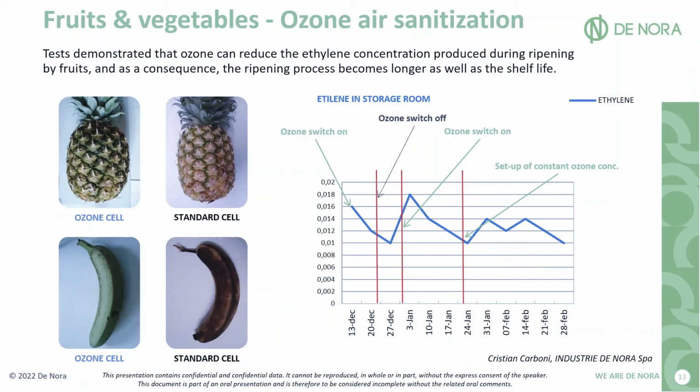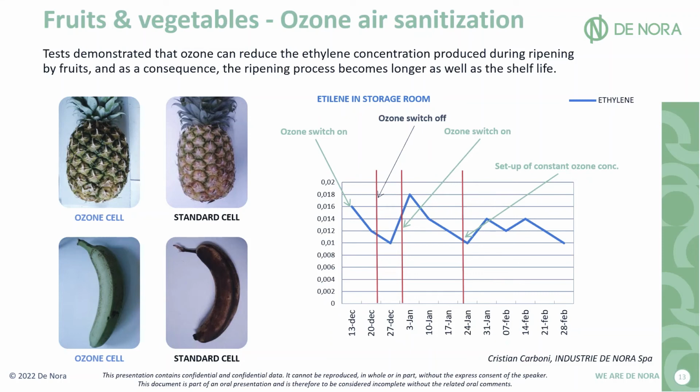Another advantage of using ozone in a storage room or during transportation of fruit and vegetables is that ozone oxidizes ethylene. You know, there are some products that ripen with ethylene, climacteric fruit, and so on. We can see, for example, some products here.